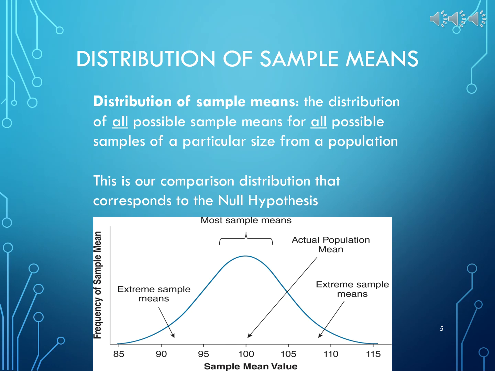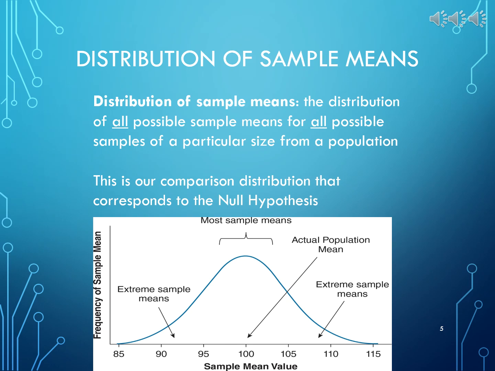This is a distribution made of a bunch of different means from a bunch of different samples for whatever you're measuring. So if you're measuring anxiety, you gather, let's say, 1,000 different samples of 50 people, and in each of those samples of 50 people, you average their anxiety on a scale of 1 to 10. This is now a distribution of a bunch of averages, of a bunch of means of samples.